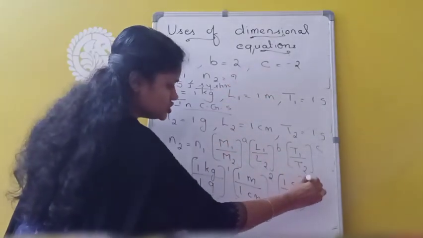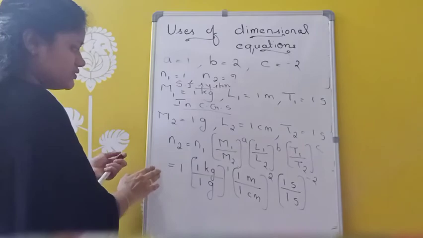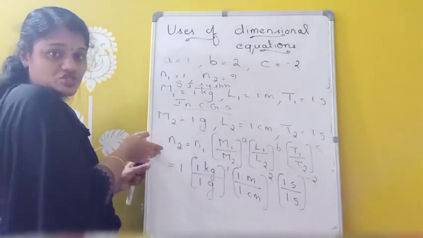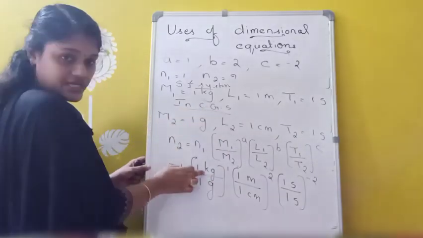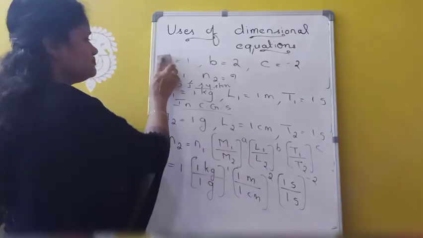minus 2. Now we have to convert into which system? From SI to CGS. So we have to convert this kilogram into gram.